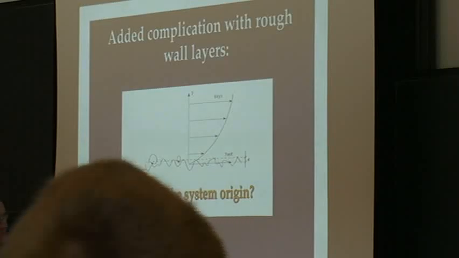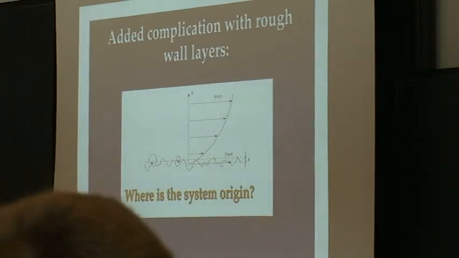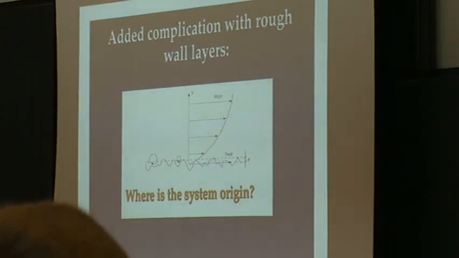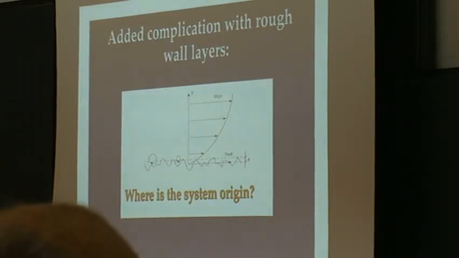When you introduce surface roughness, you immediately add a number of problems or uncertainties into your analysis. And the first and most obvious is the question of where is your system origin. In the case of a smooth wall, there's no question about where the origin should be. It should be at the surface.